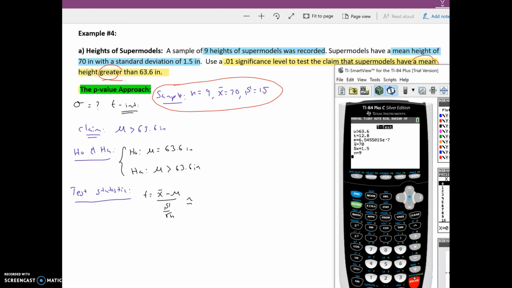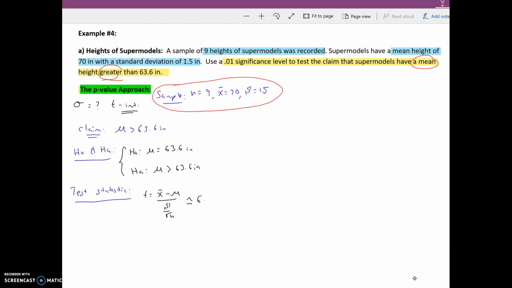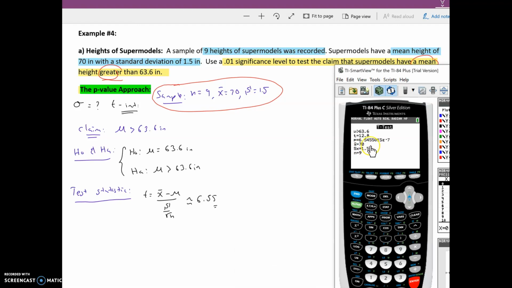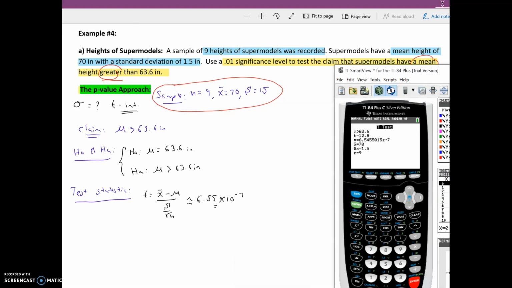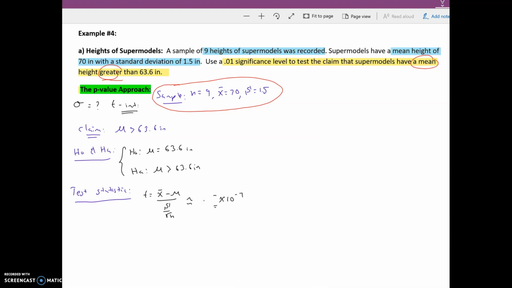Now our p-value is approximately 6.55. So 6.55, I'm rounding to 2 decimal places, times 10 to the negative 7. So it happens to be, wait, I'm so sorry. I retrieved the wrong value. The test statistic is 12.8. Sorry.